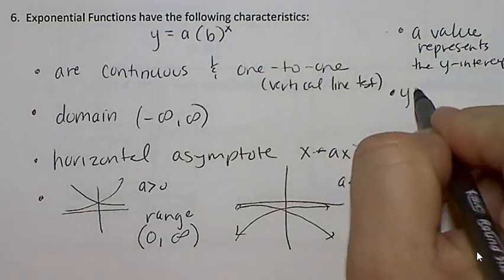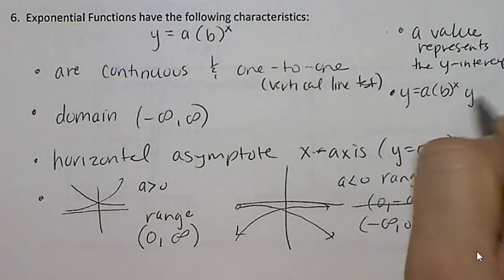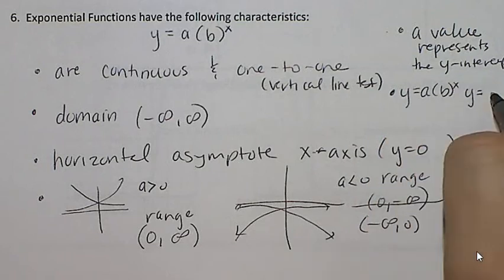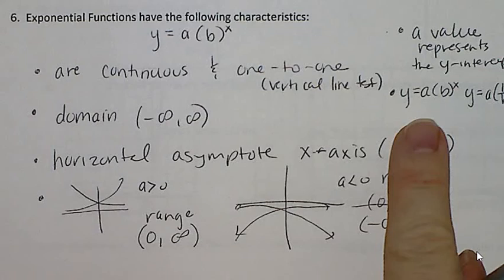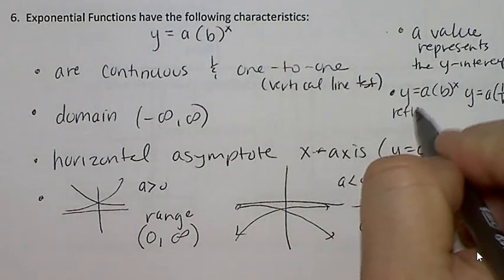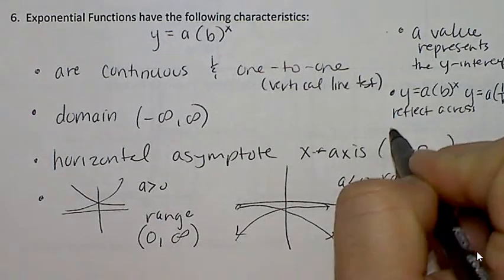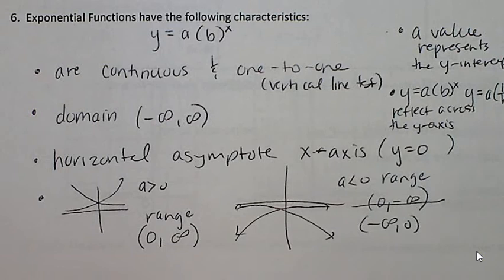If you took y equals a times b to the x, and y equals a, and now I'm going to do the reciprocal of b, so 1 over b. These two functions, if you graphed them, would reflect across the y-axis. And at this level, I like that you understand it's the y-axis, but what is technically the equation for the y-axis? X equals 0.